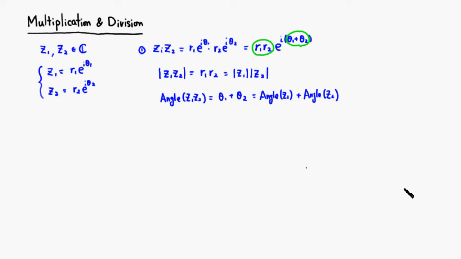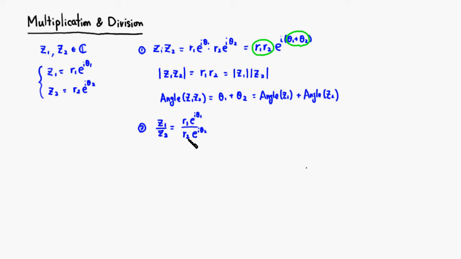Let's look at the division. So 2. How about Z1 divided by Z2? We have Z1 is the same thing as R1 e to the i theta 1 divided by R2 e to the i theta 2.